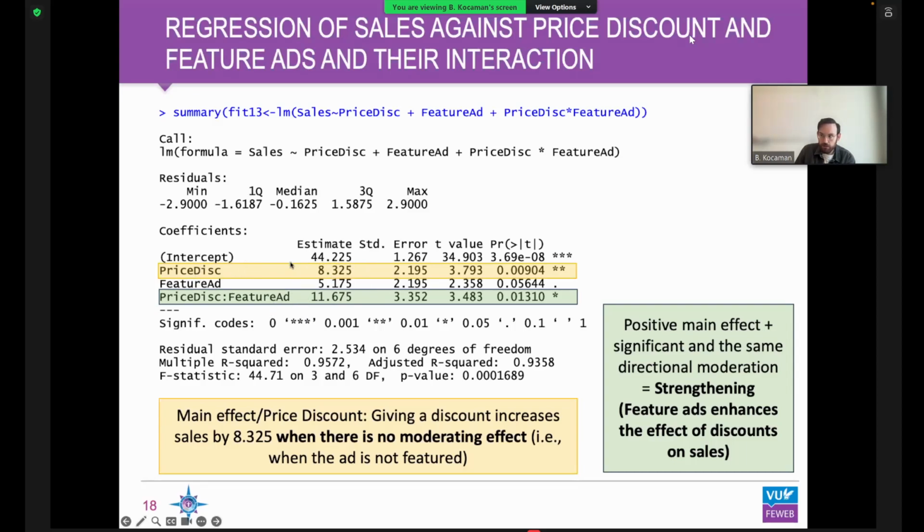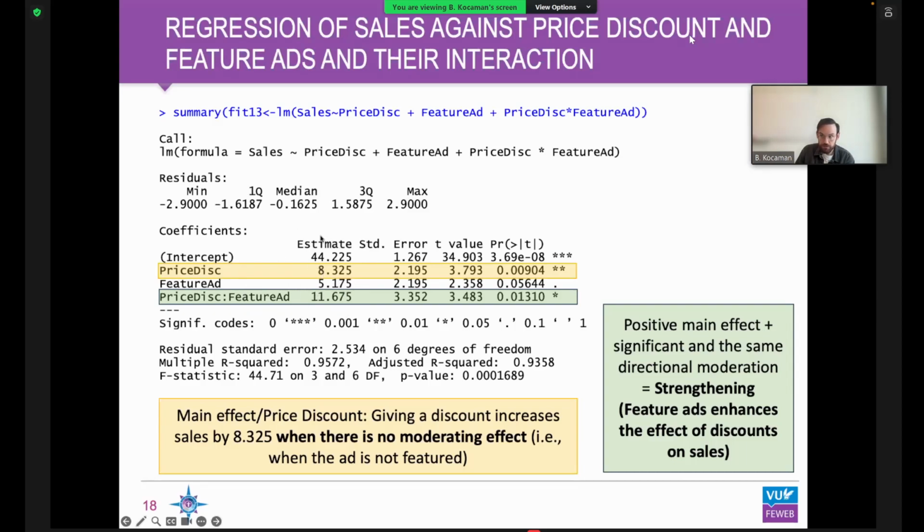And then you know that this is a dummy variable, so you need to add intercept plus a dummy variable. So this is around 52,000 euros when you only have price discounts. And when you also feature that in the flyer, then you have 1 feature ad, 1 also here feature ad.